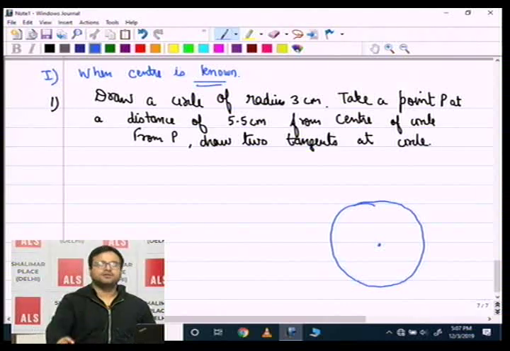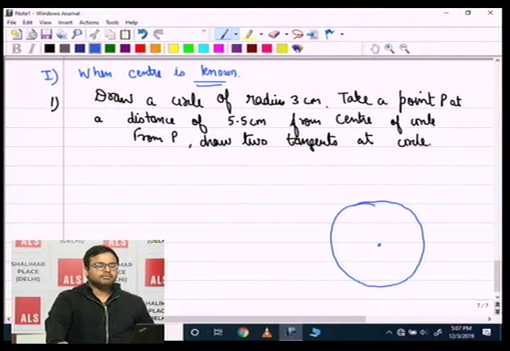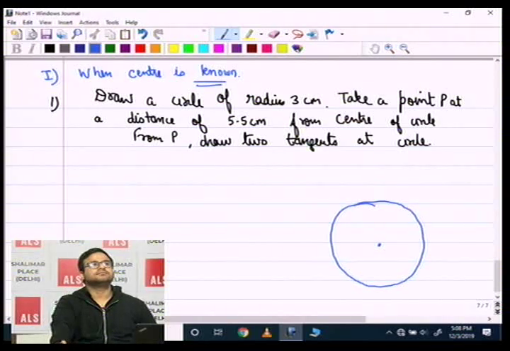So draw this circle of radius 3 centimeter. All of you have drawn?